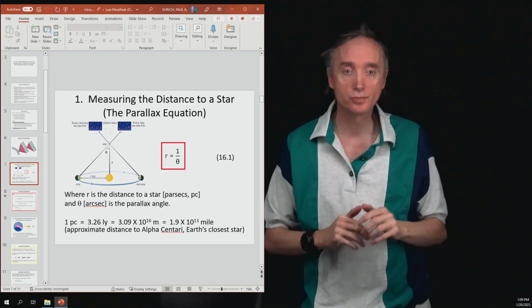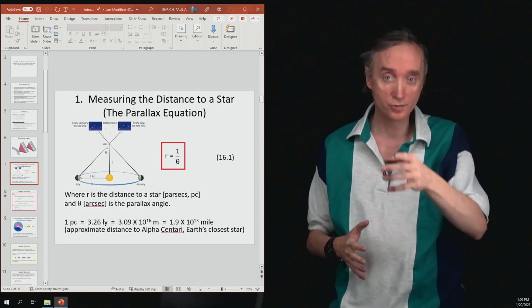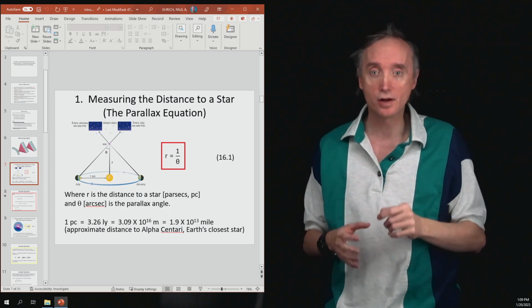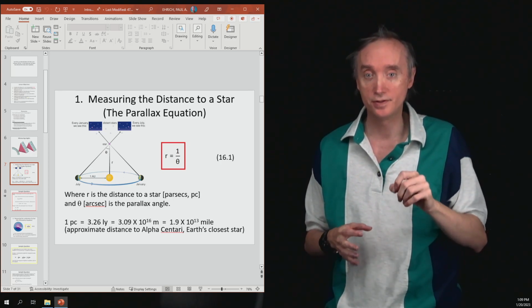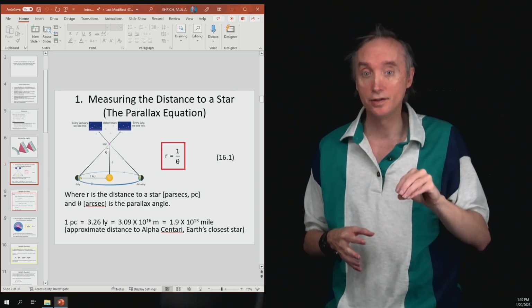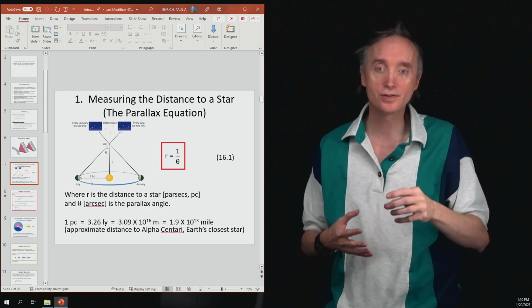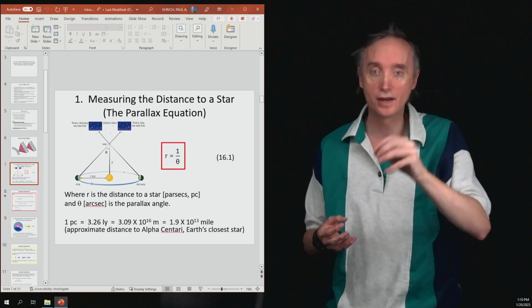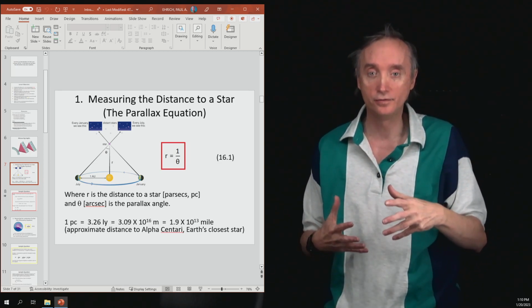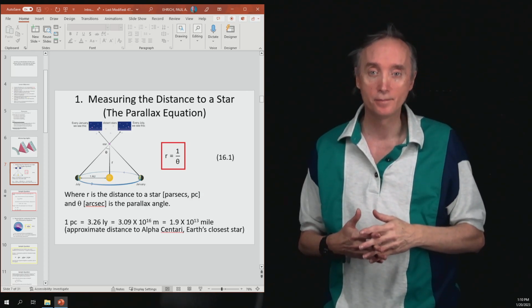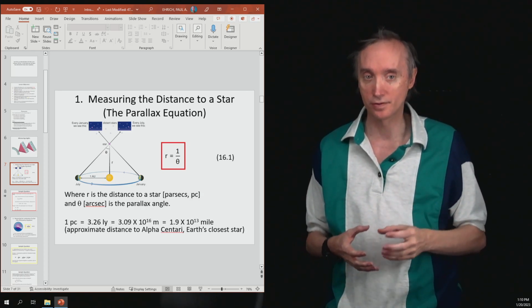So we could do some trigonometry because we've got like a little triangle there, and we could solve it for the distance from the sun to that star, which is essentially the distance from the Earth to that star, because those stars are so far away that essentially those two distances are the same.